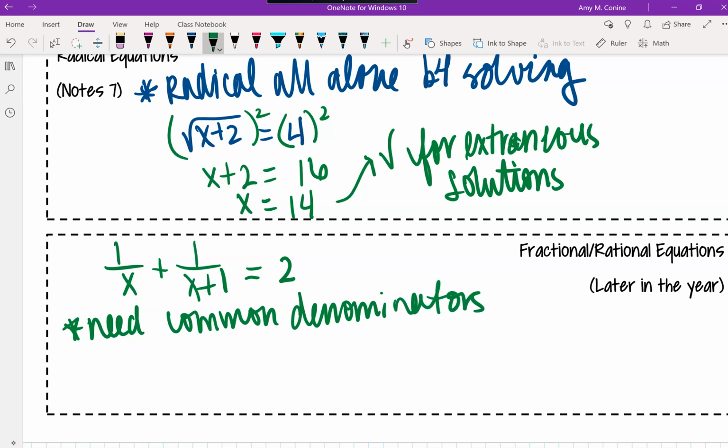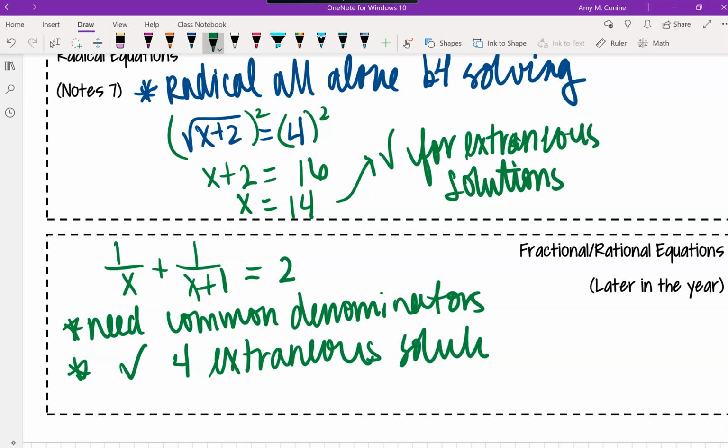And then you'll also check for extraneous solutions, meaning if you get a number, you need to make sure that it works for the problem. And again, we'll cross that bridge when we need to get there.